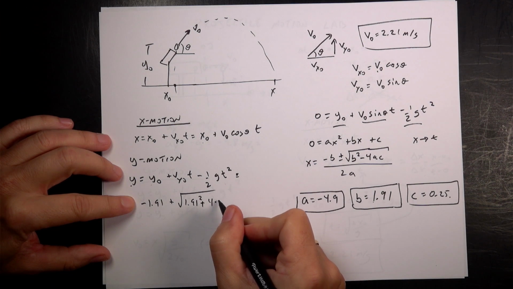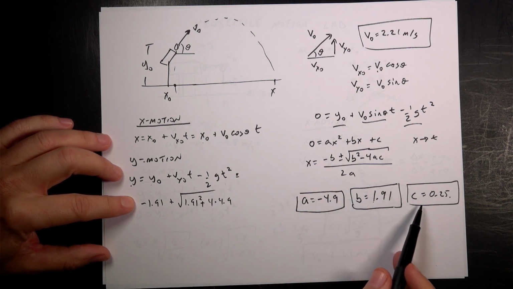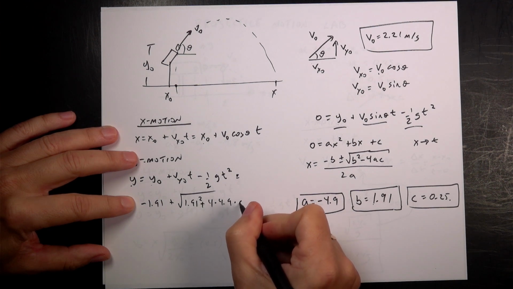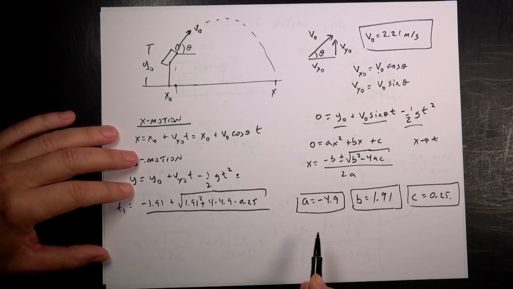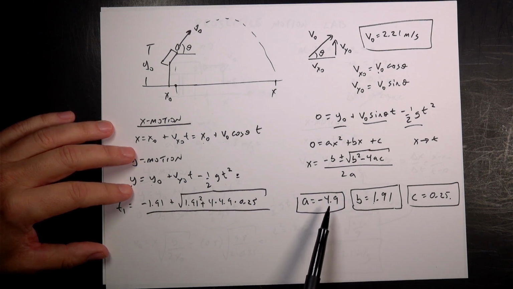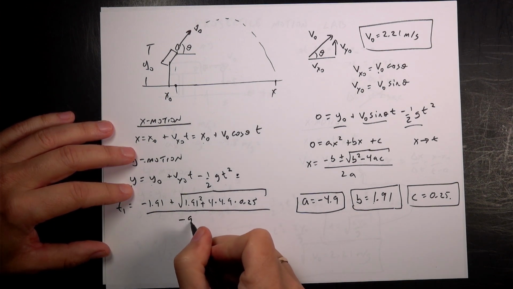So it's going to be plus 4.9, since I had a negative times a negative. And then c is 0.25. Then take the square root, and all of that is going to be divided by 2a. And a is negative 4.9, so multiplied by 2, I get negative 9.8.